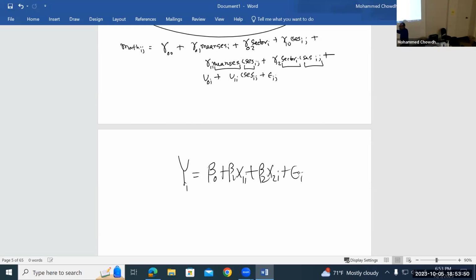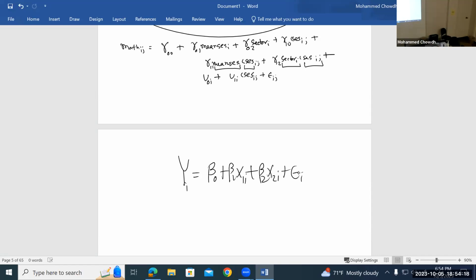Okay, one of you asked me why this is called the linear model. What makes it linear? Why is this model called linear?